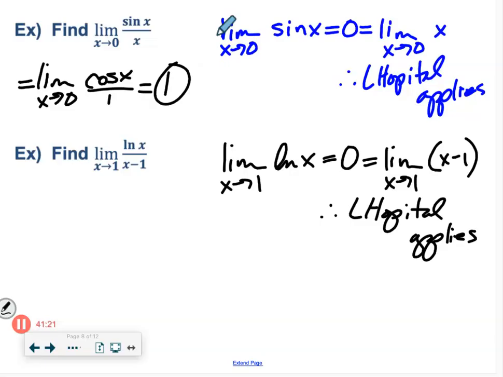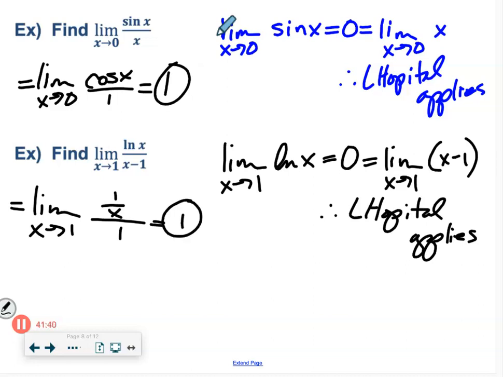All right. So, we rewrite our limit. Don't forget to rewrite your limit statement. All right, what's the derivative of ln x? 1 over x. What's the derivative of x minus 1? 1. Plug in a 1, and what do you get? 1. L'Hopital works really nicely for each of these.